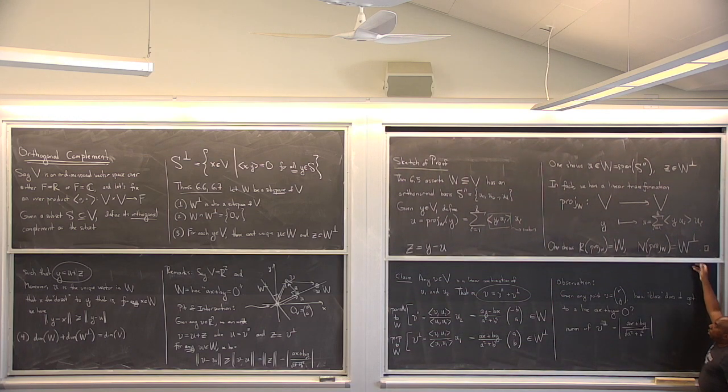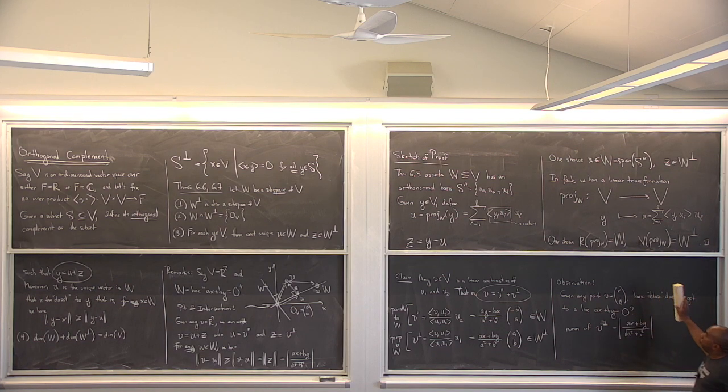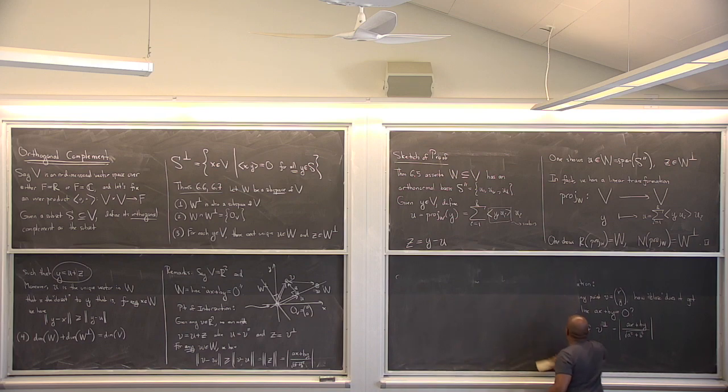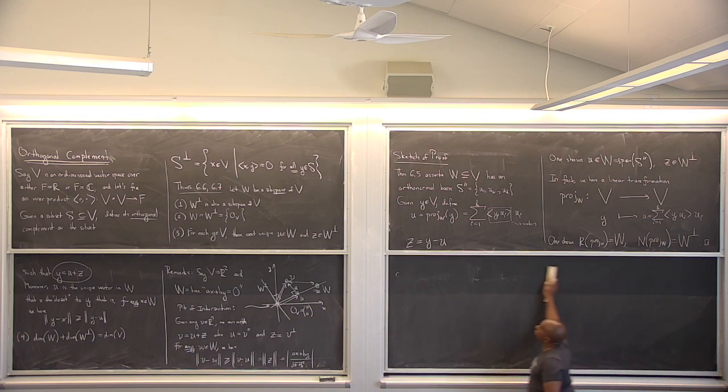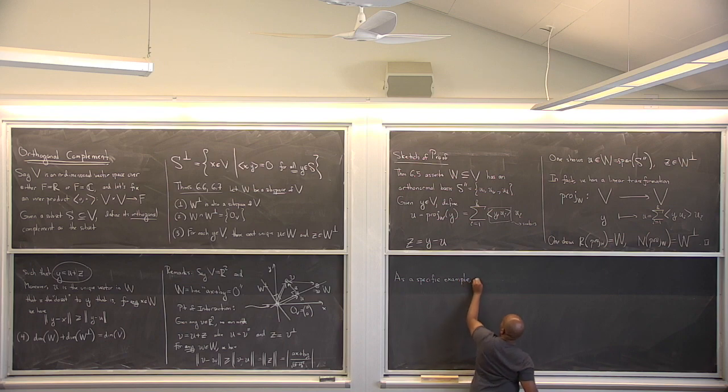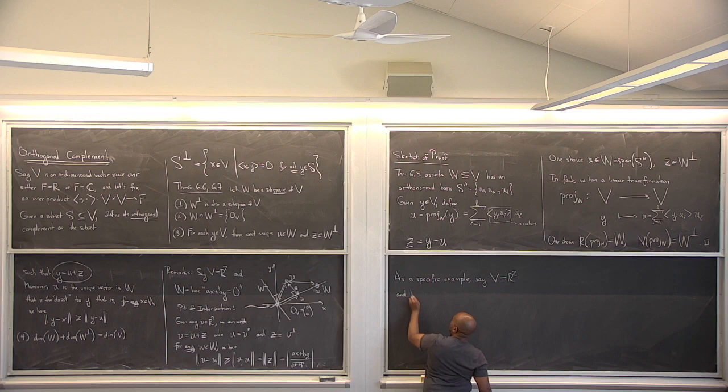Now, let me perhaps redo this here in terms of this example that we did back over here. So as a specific example, let's say, just like before, that V is R2, and W here is this line, ax plus by equals 0.